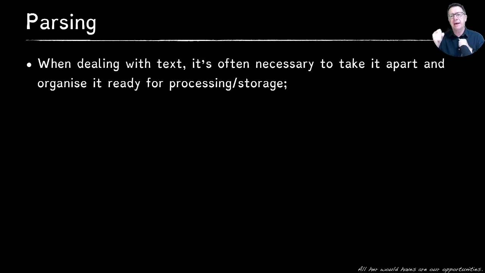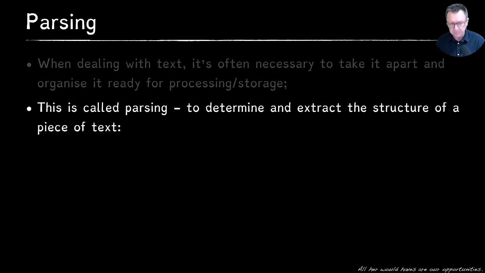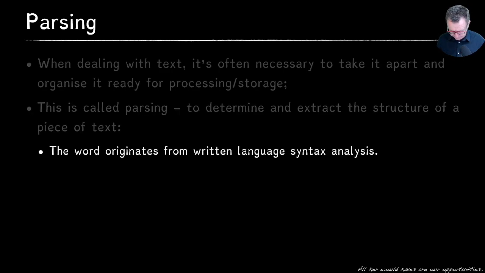We need to pull it apart and restructure it so that it's in a better position to be either processed or stored. When we do that, this is called parsing. And what we do is look at things and extract things around the structure of a piece of text.